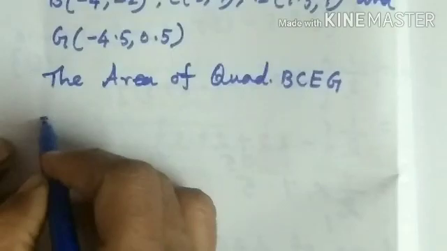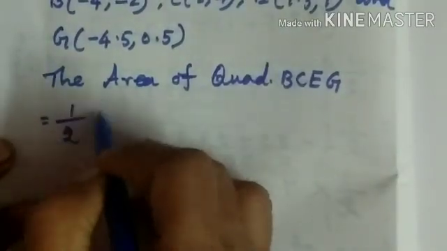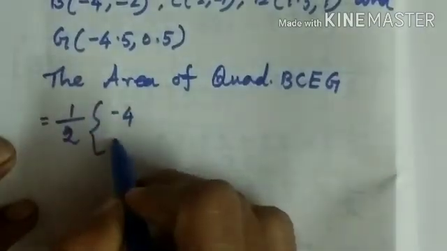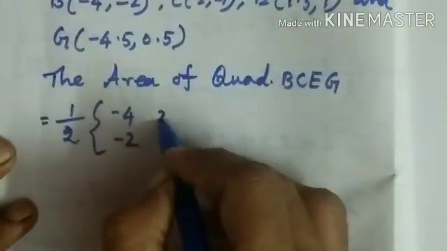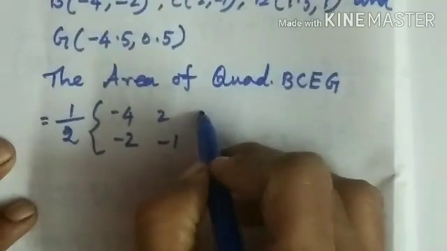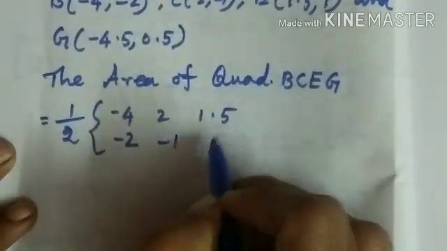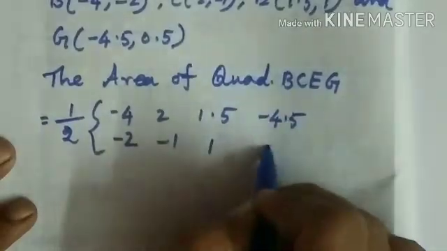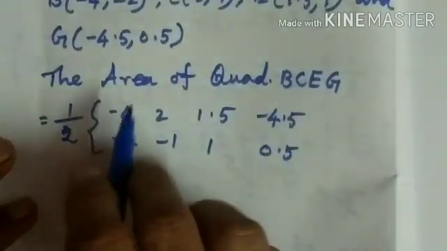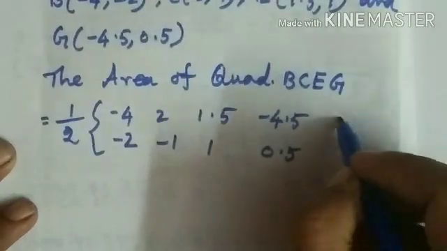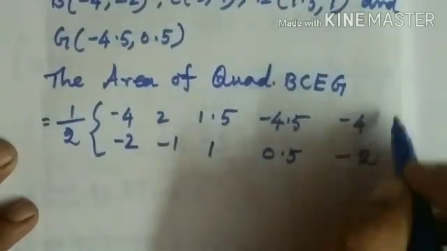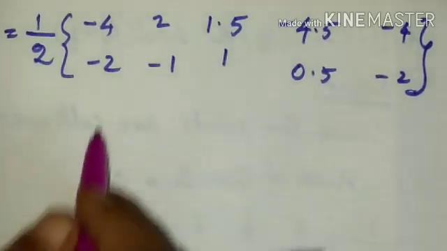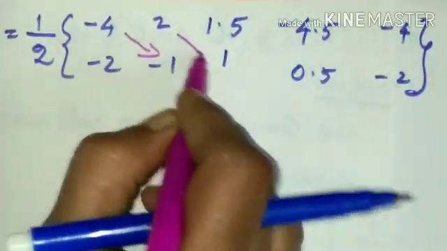BCEG is equal to half into, first you write B point minus 4 minus 2, C point 2 minus 1, E point 1.5, 1, G point minus 4.5, 0.5 and write again B point minus 4 minus 2. Now we have to multiply from top to bottom.